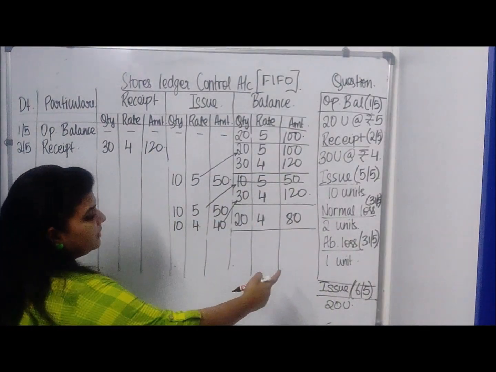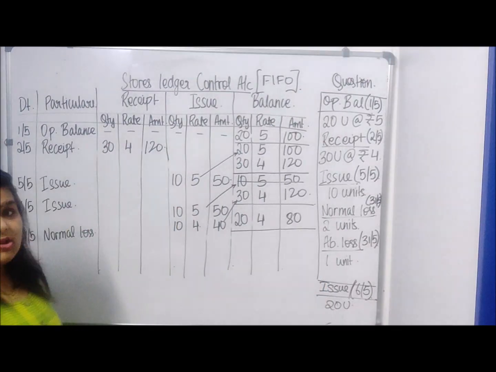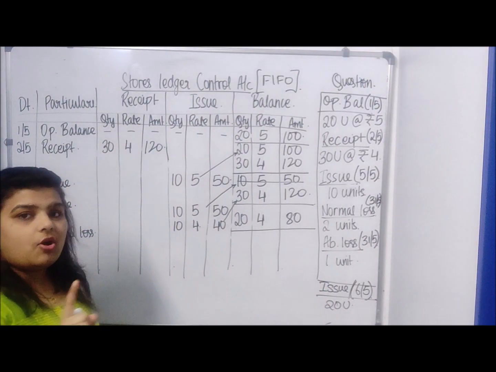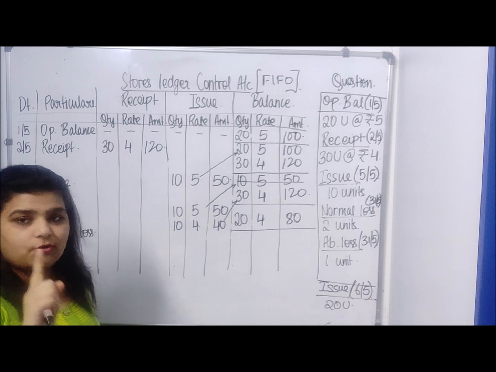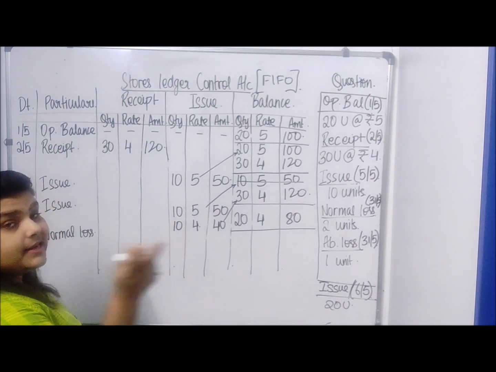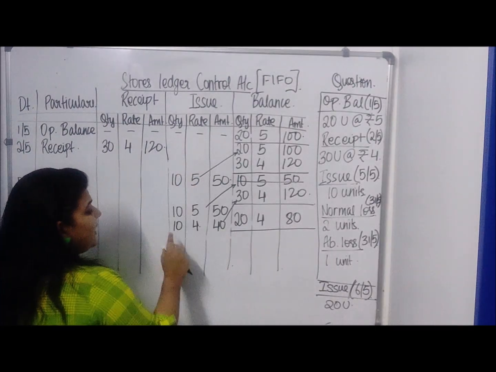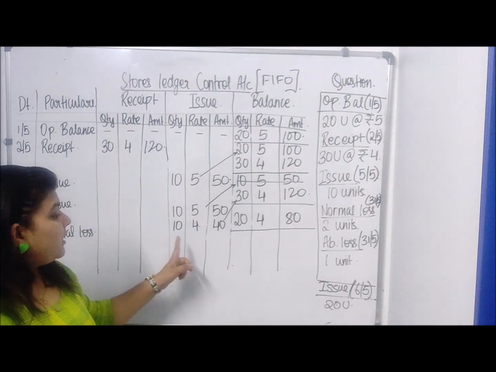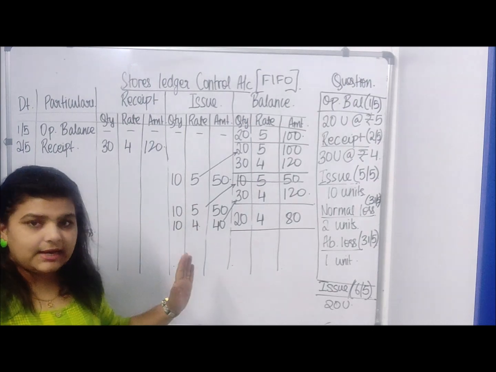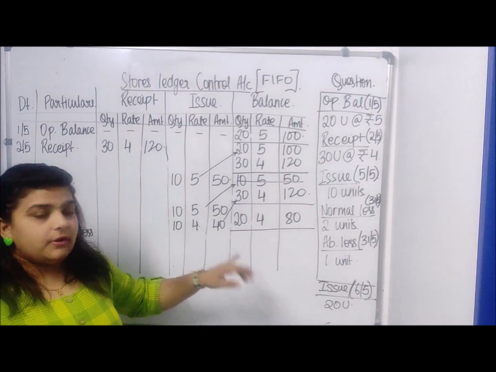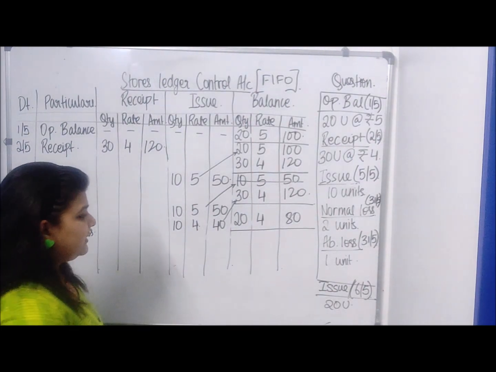Normal loss, how many units? 1 unit is a loss. So if 1 unit is a loss, I have to remove 1 unit. I can treat it in 2 ways. Either I remove it from the balance, or I can also write it into the issue column. Both are right and acceptable. But we will do it in the balance column itself.